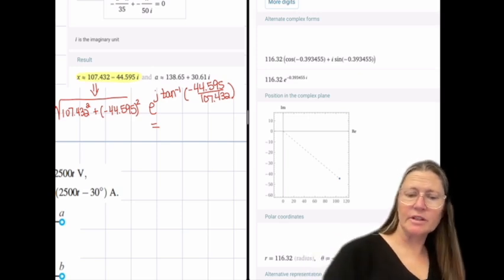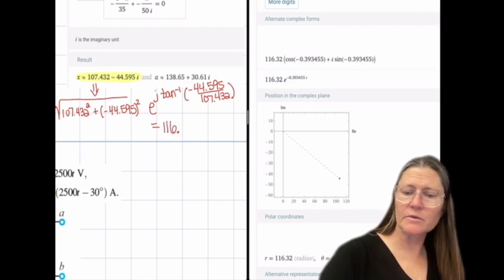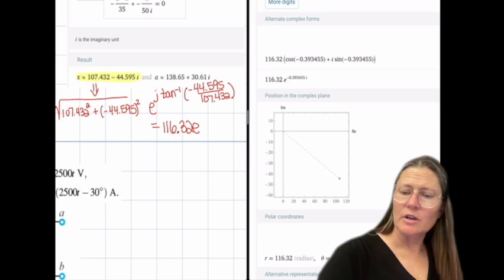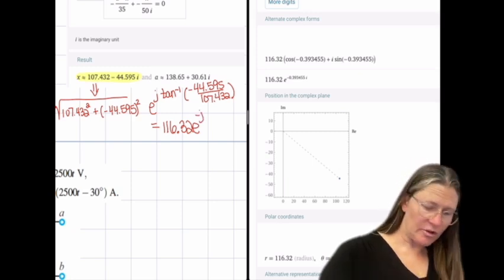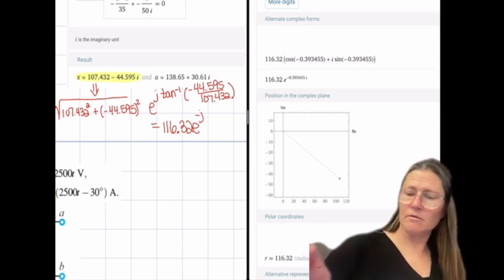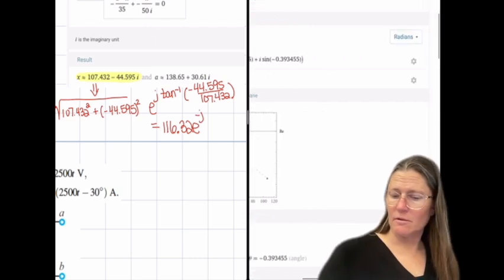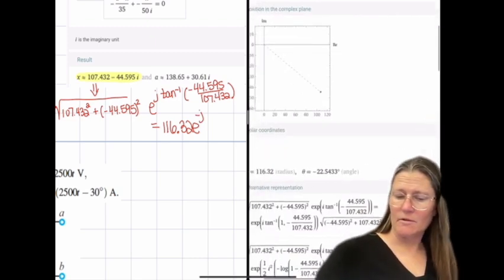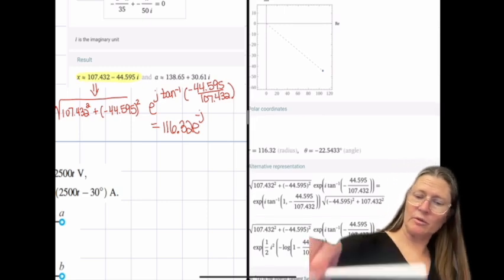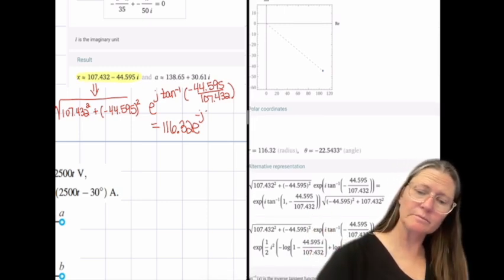So 116.32 e to the negative J, minus 22.54 degrees.